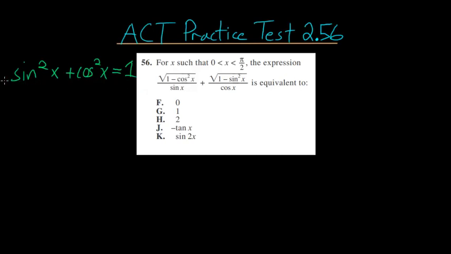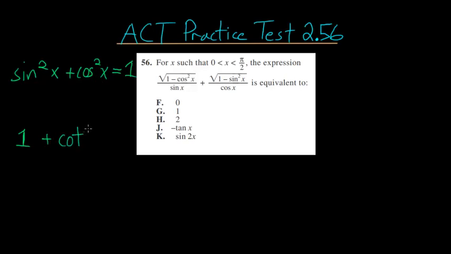For instance, if you divided everything by the sine squared of x, then what you'd be left with is 1 for this term, since you're dividing something by itself, and then plus the cosine squared of x over the sine squared of x, but cosine over sine is just the cotangent.